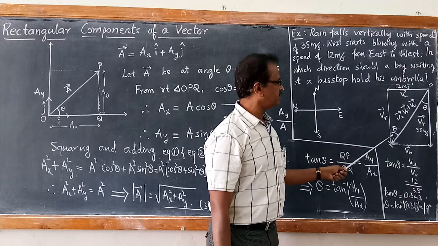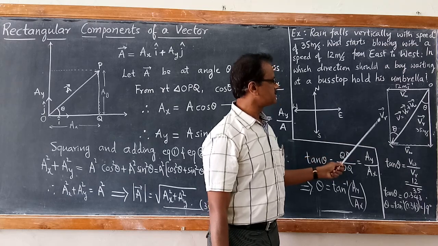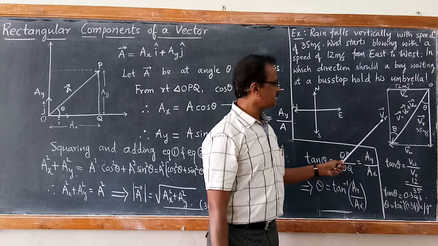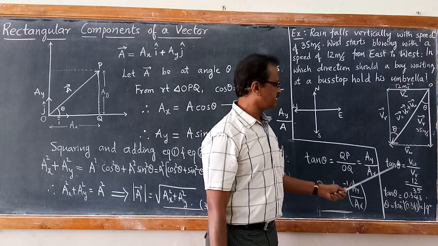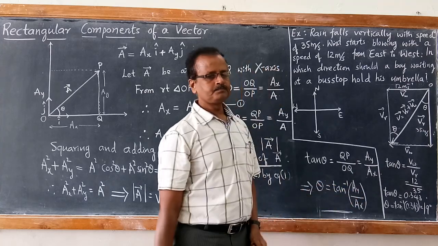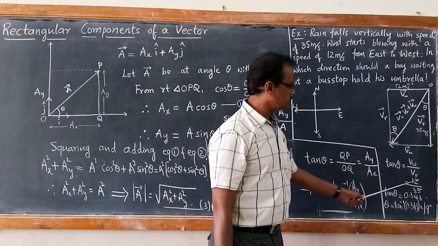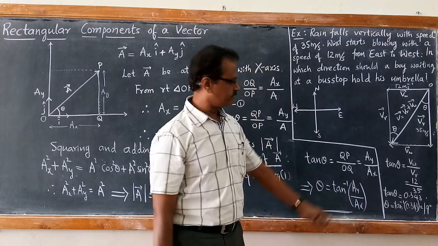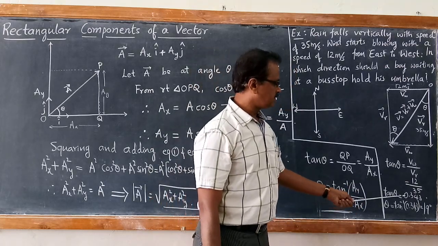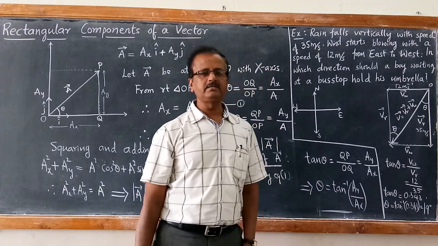Therefore, tan theta is equal to opposite by adjacent. Opposite is VW, adjacent is VR. Thus VW by VR is equal to 12 by 35. If you simplify, we get tan theta equal to 0.343.